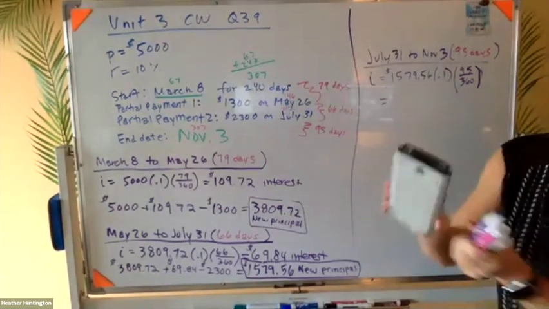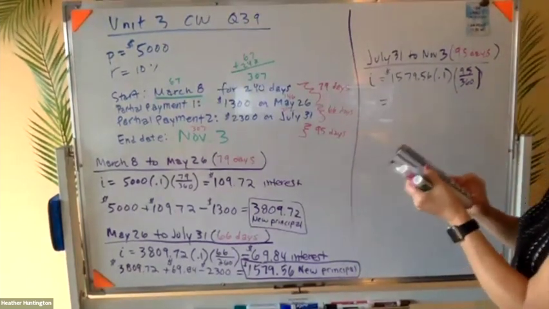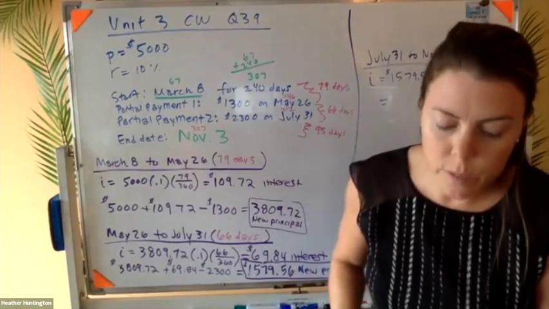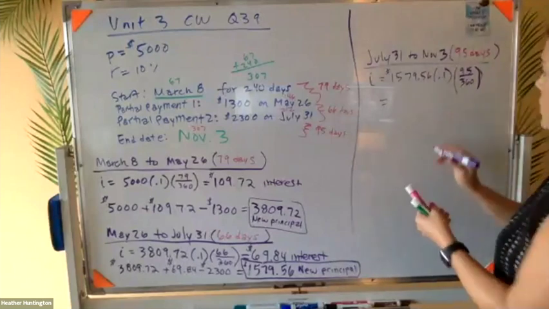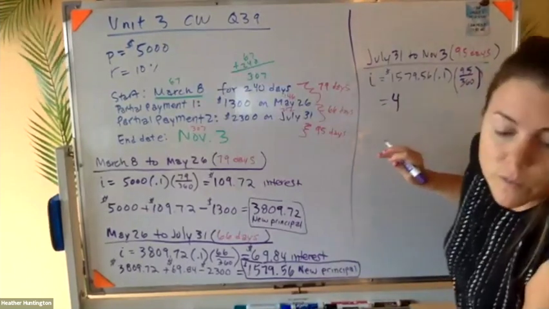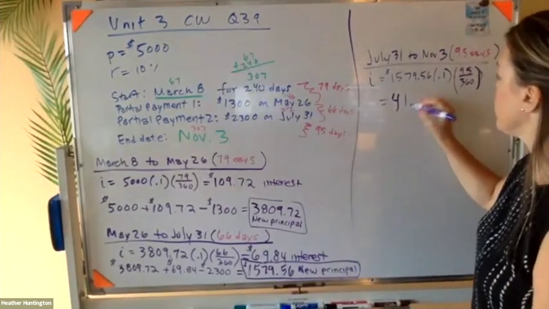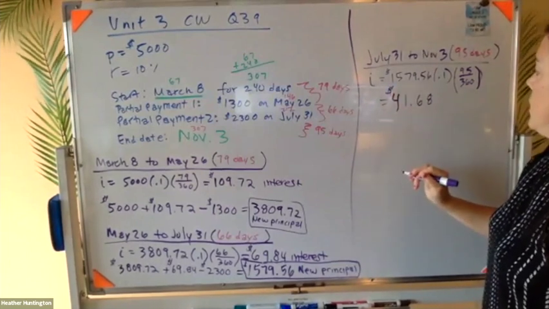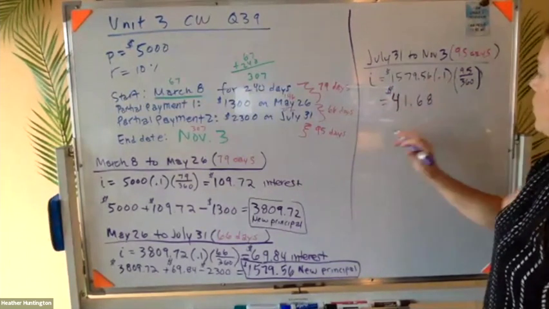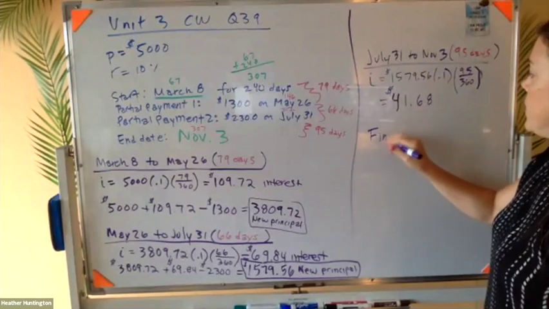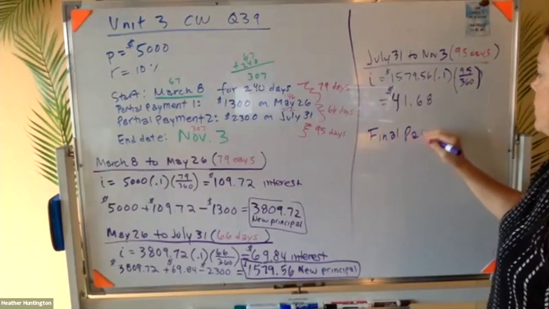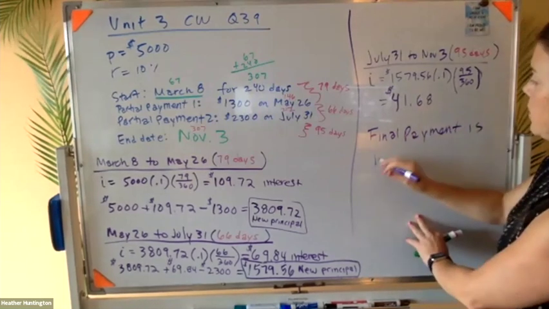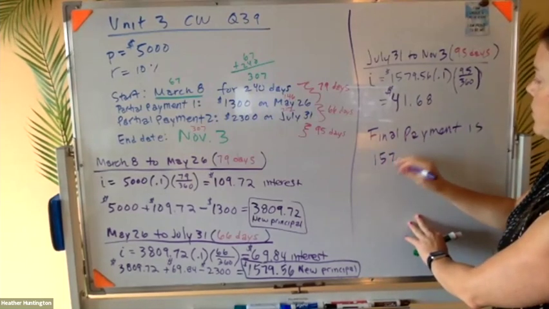Okay. So it looks like in that time period, our interest is $41.68. And so our final payment is the principal amount, which is $1,579.